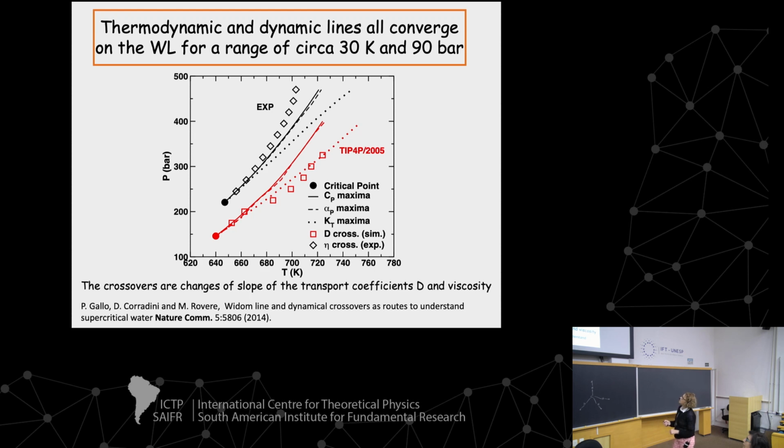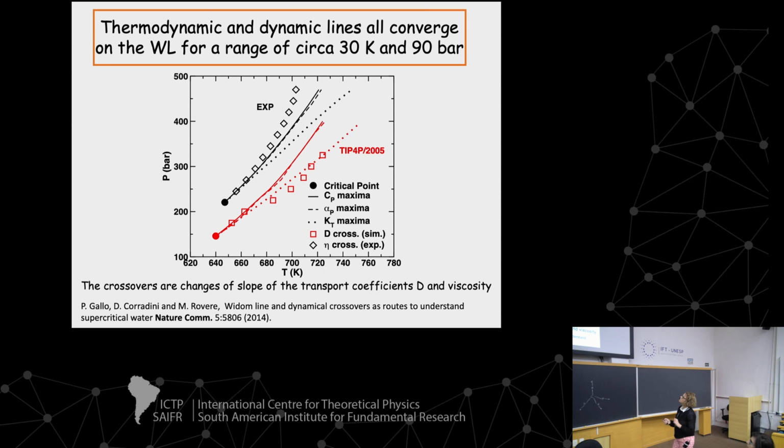So what are these lines? The black lines are the bulk, the experiment. This is all bulk. And the red lines are TIP4P/2005. Filled circles are the liquid-gas critical point.